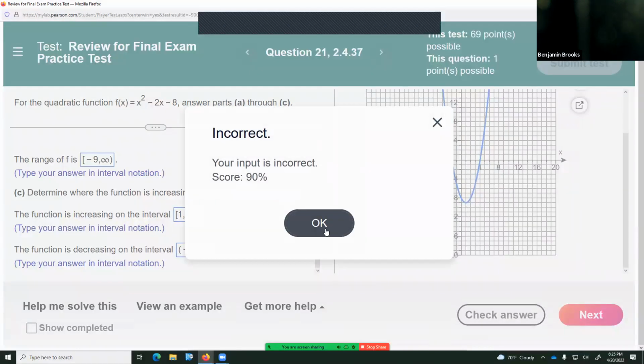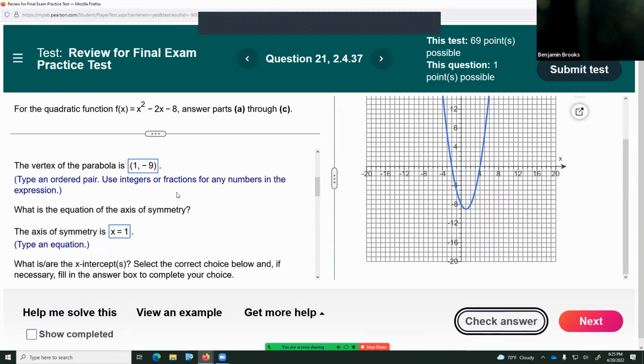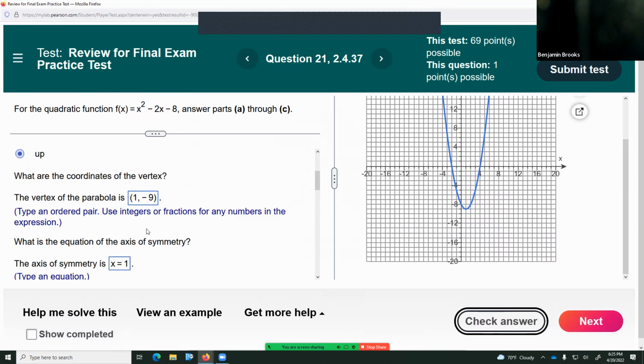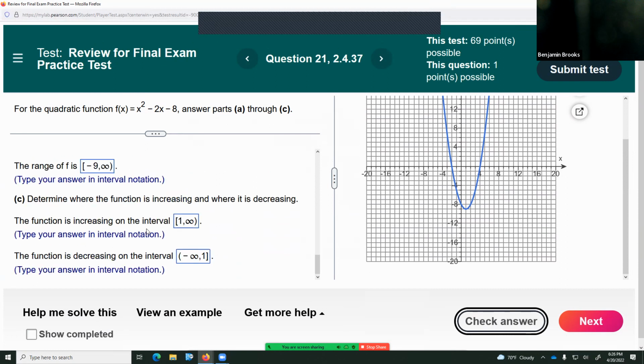And yeah, what I did wrong. I don't like that it doesn't tell you what you did wrong. Vertex, the parabola is 1, -9. Obviously, all that has to be correct. Y-intercept is -8. Range.